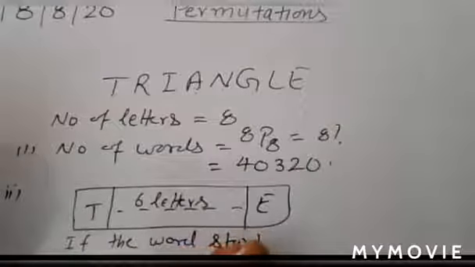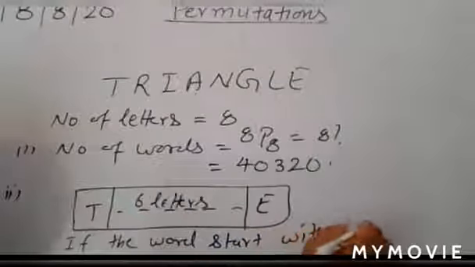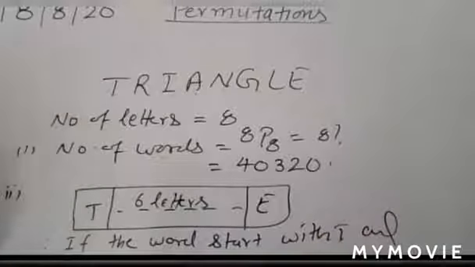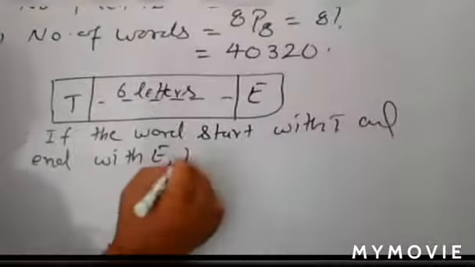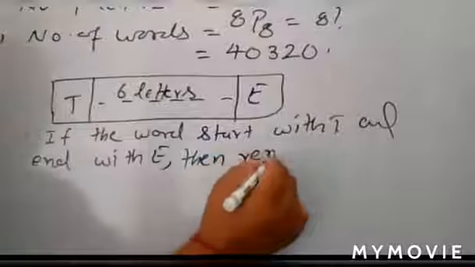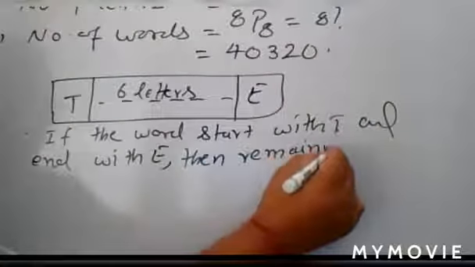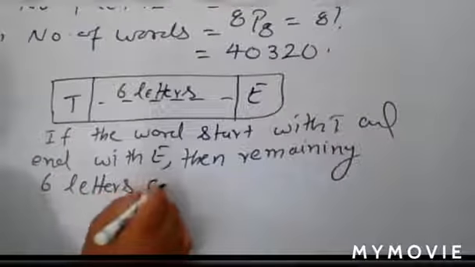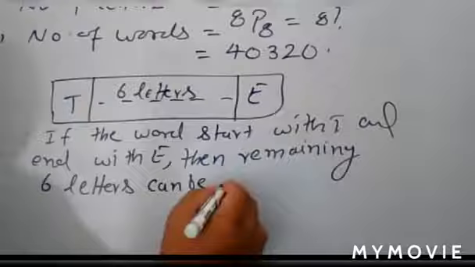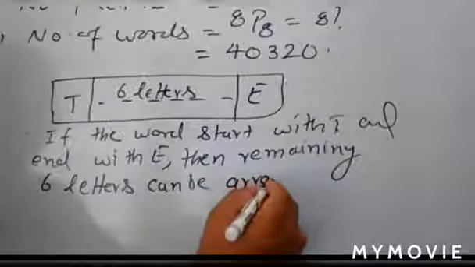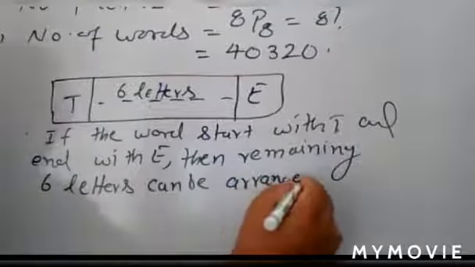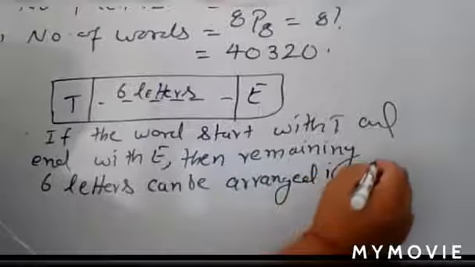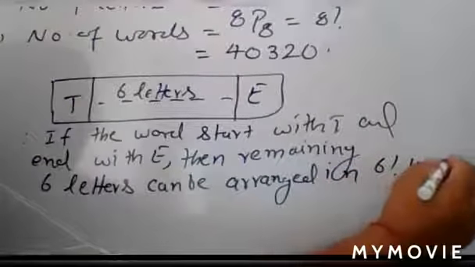So you write in this way: since the word starts with T and ends with E, the remaining 6 letters can be arranged in factorial 6 ways.